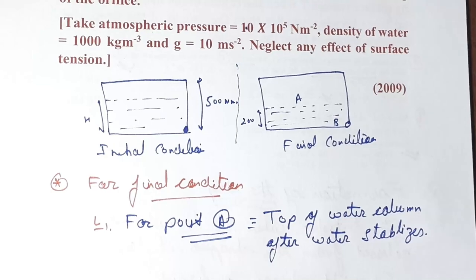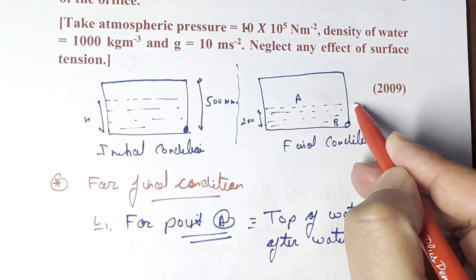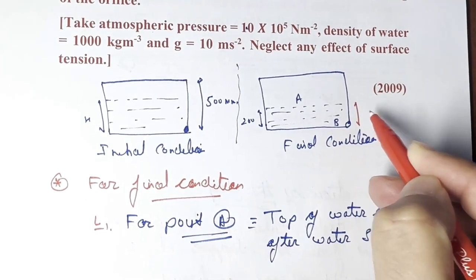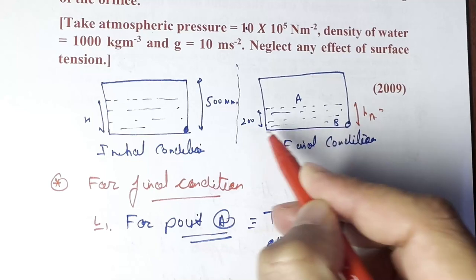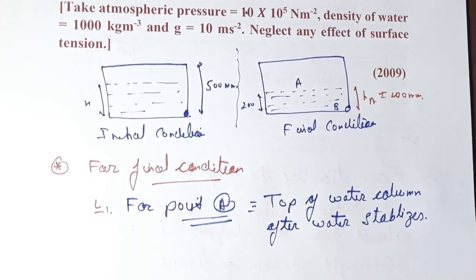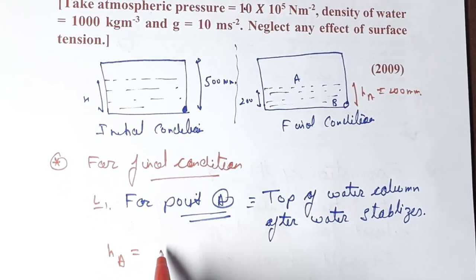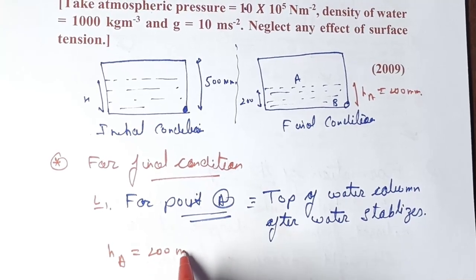And in this condition, the height of the water, let us call that HA. So we are going to call this HA, which will obviously be equal to 200 mm.